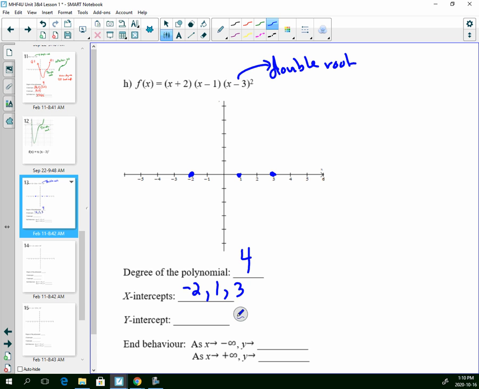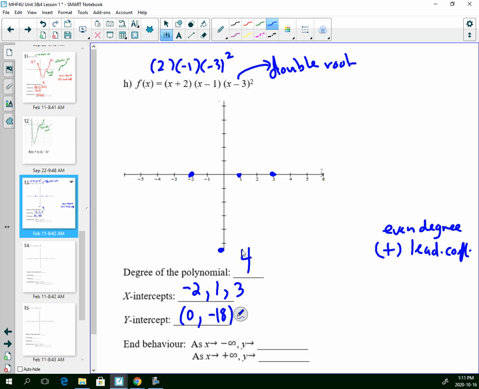See that there? It has a y-intercept of, let's see, 0 + 2, 0 - 1, 0 - 3, which is squared. So 9, 18, so -18. So way down here. And it is an even degree with a positive leading coefficient.